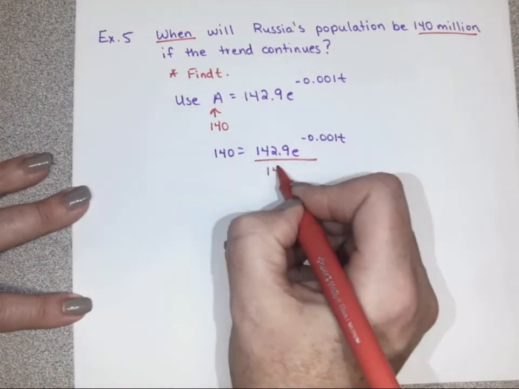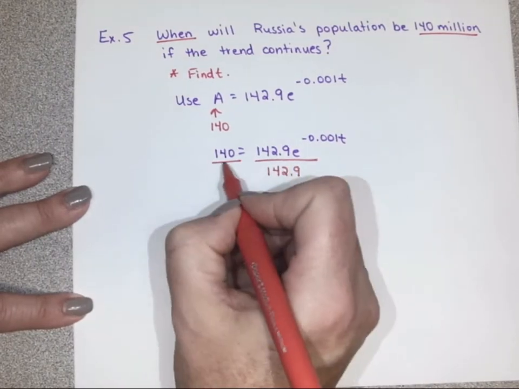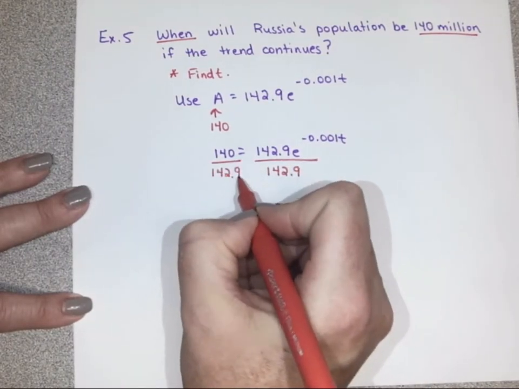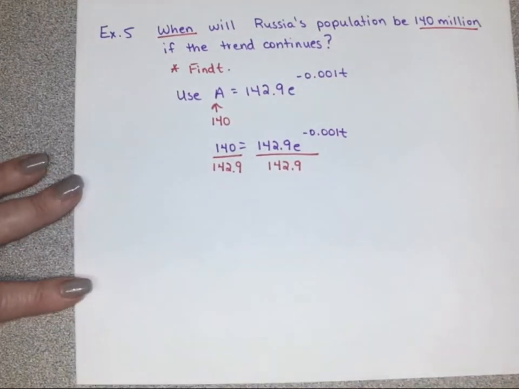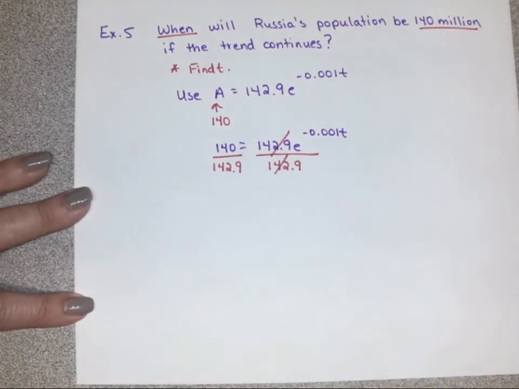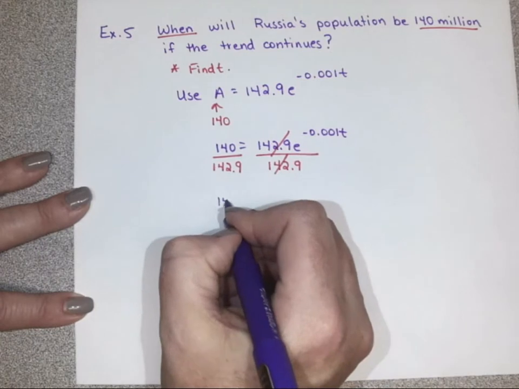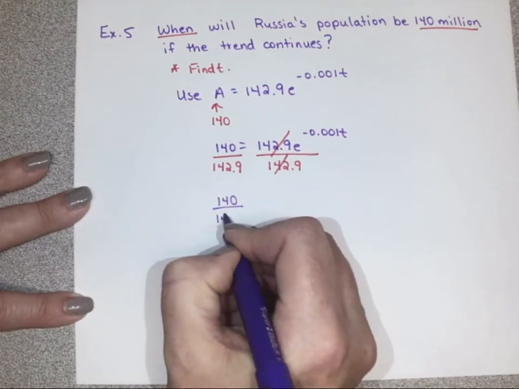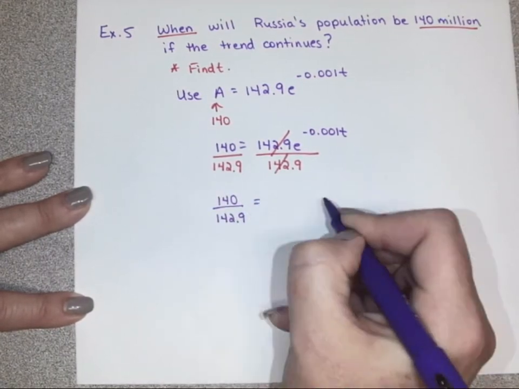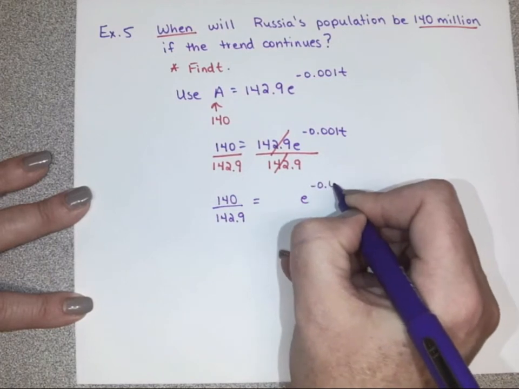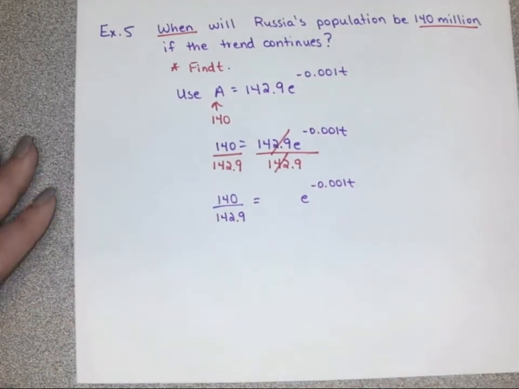So first we got to get rid of the 142.9, and we do that by dividing. So then this goes away, and we get 140 over 142.9 equals e to the ugly decimal power.